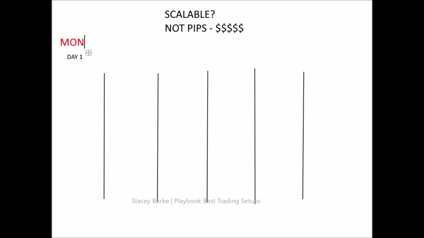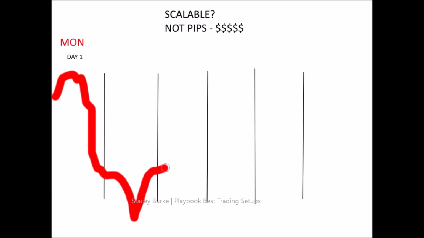One of the simplest things I keep talking about is just sticking to the weekly template. Monday's day 1. But we can get a Monday that comes down, and Tuesday actually starts our new day count. Day 1, day 2, day 3, and we can get an Asian session blow off.